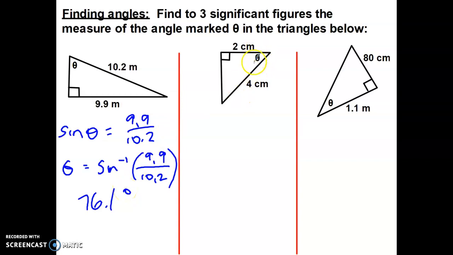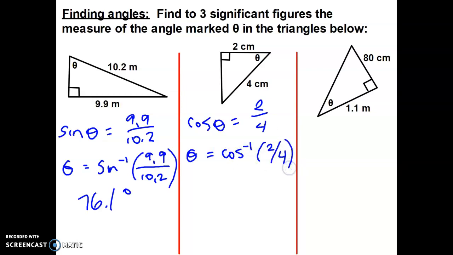Okay, so let's look at this theta. So for this theta, I have the adjacent and the hypotenuse. So that's going to be cosine. Cosine theta equals adjacent over hypotenuse. All right, I'm going to do the inverse cosine of both sides.